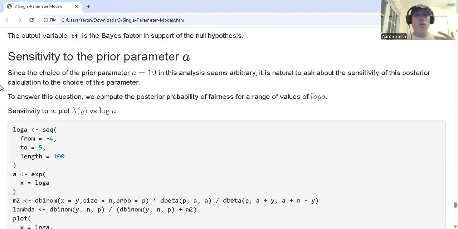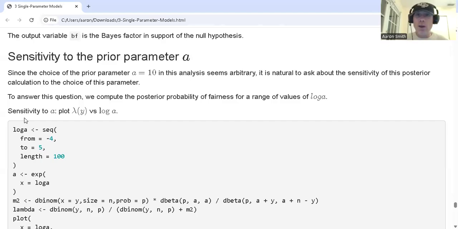Okay, so we're interested in the sensitivity of the solution to the prior parameter that I set up. Now, the beta distribution is a conjugate prior with binomial, so it's very natural to use a beta distribution. No one's really going to question that, but they're going to question what parameters I chose to use in my prior, in my subjective choice on the hypothesis test.